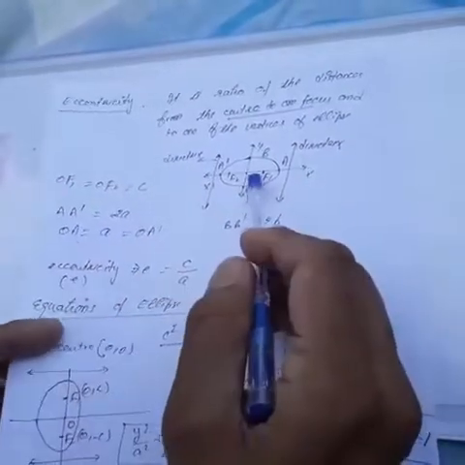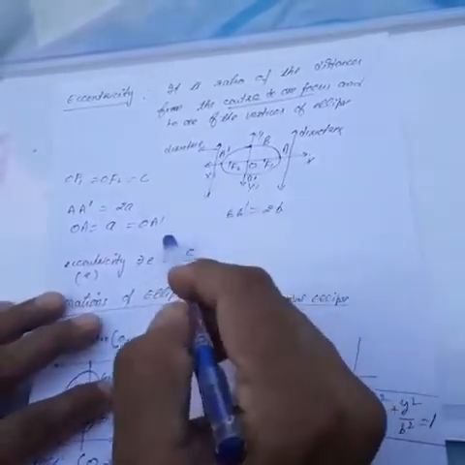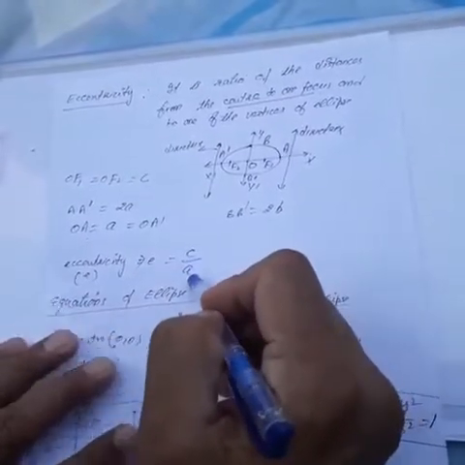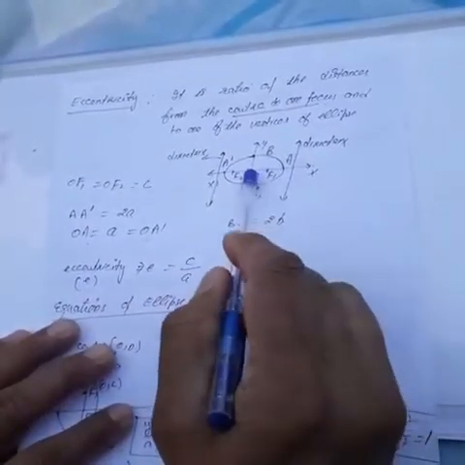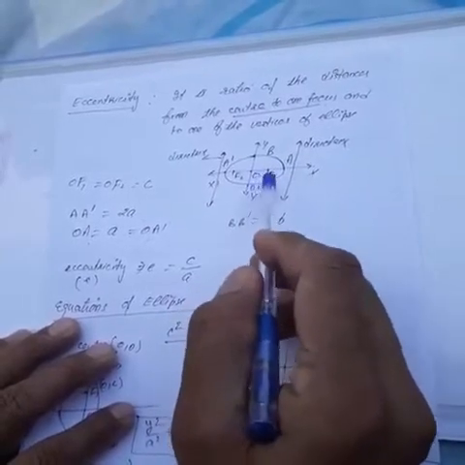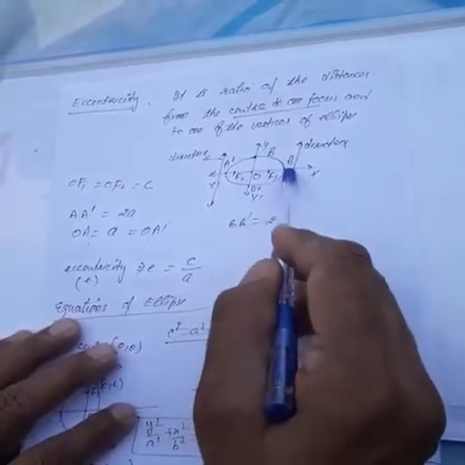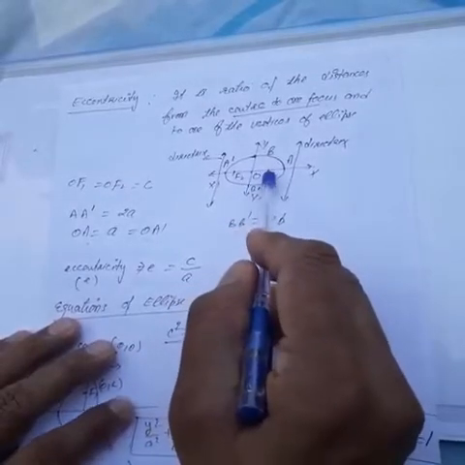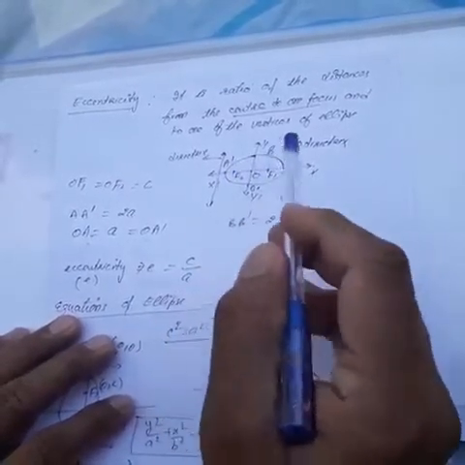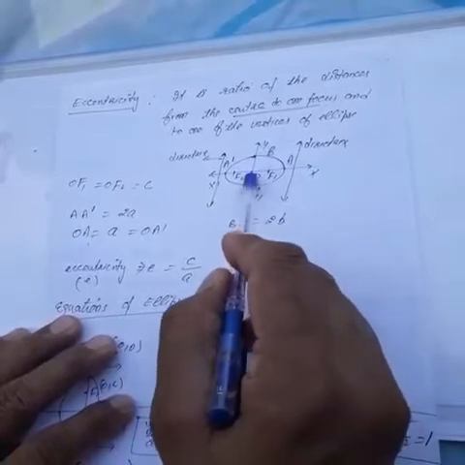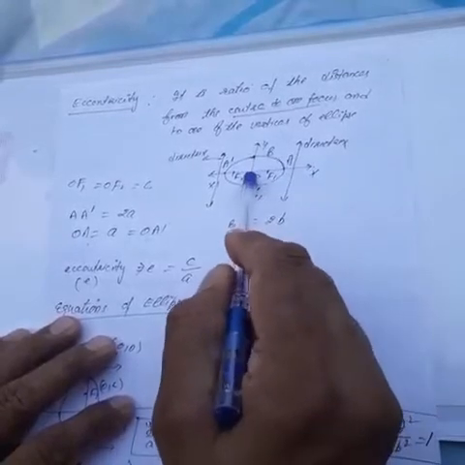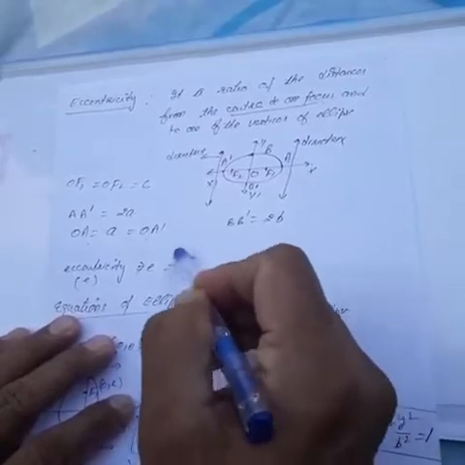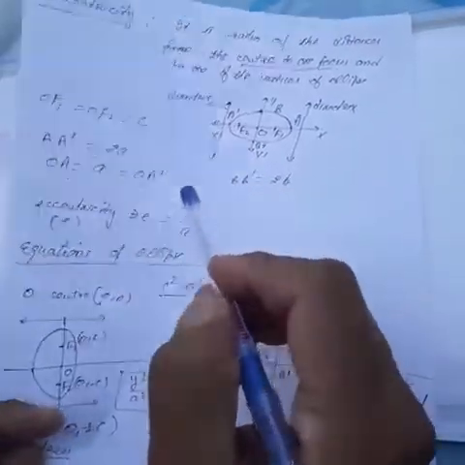That is the ratio of c and a. So eccentricity is c upon a. c is the distance OF1, a is the distance OA. So OF1 upon OA is c upon a, and eccentricity will be calculated using c upon a.